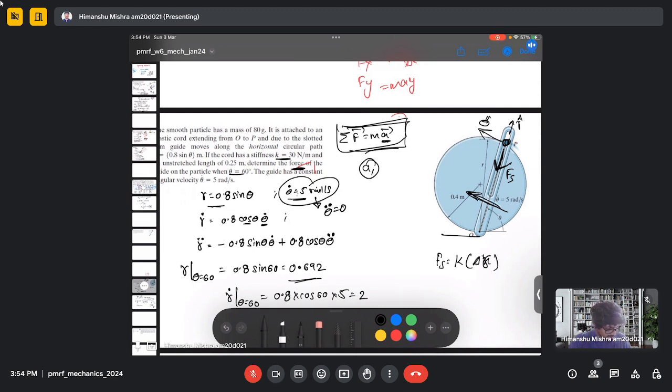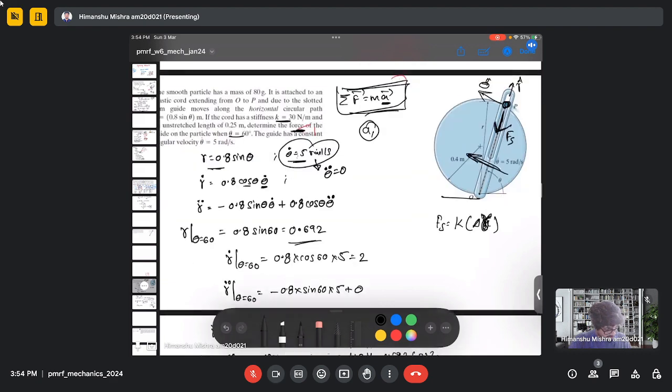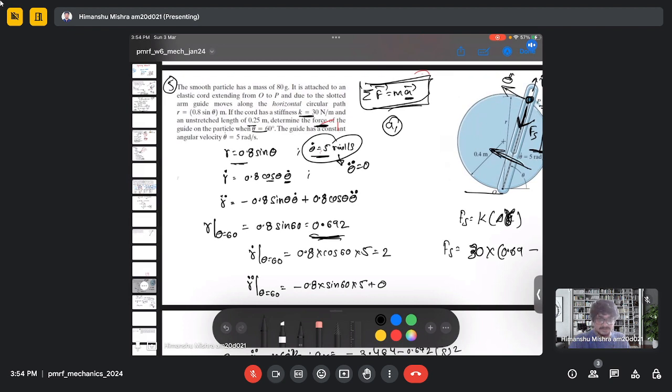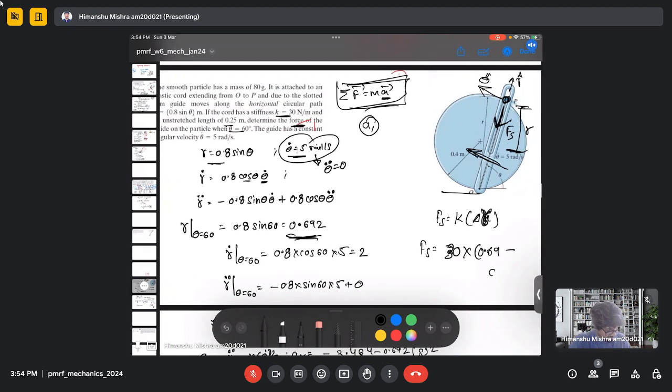Here it is the difference of r. So my Fs is 30, which is K, times the difference between the stretched and unstretched length. So this is my r, which is the total distance, minus the unstretched length 0.25, which is given in the question here.